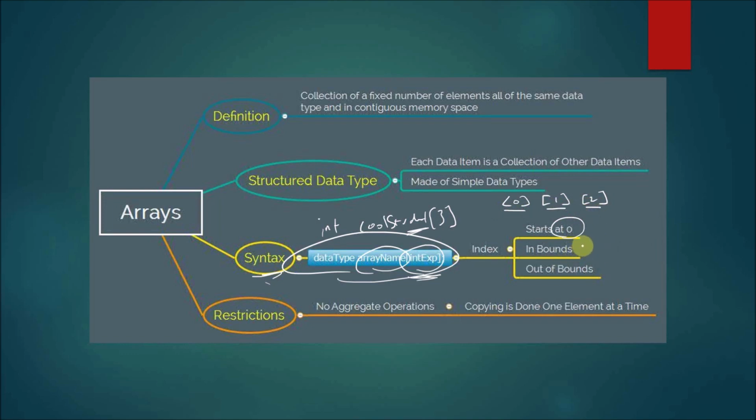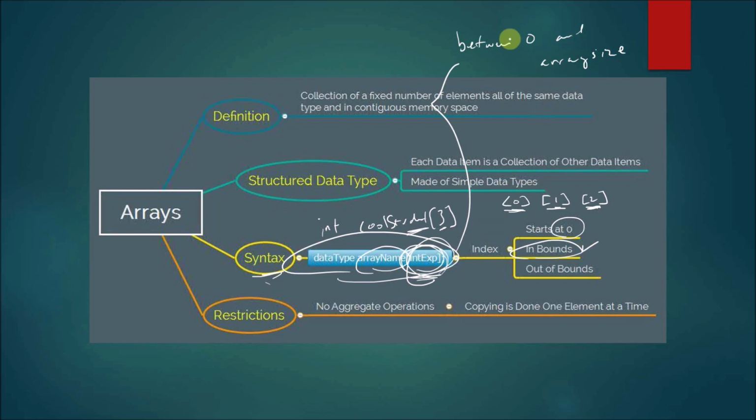Having values in here would mean that I'm so-called in bounds. In other words, if the index right here is between 0 and the array size, I apologize, this is the array size. In the syntax, you can refer to it via the index here.